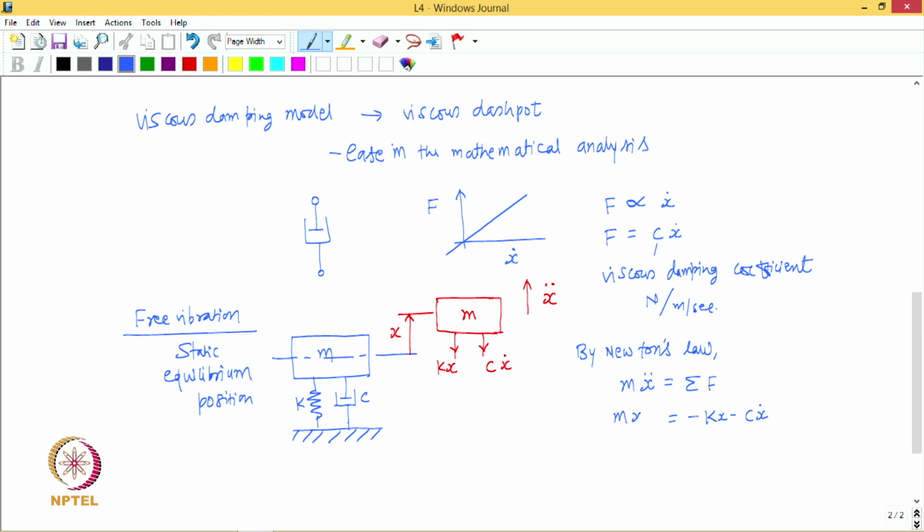So, mx double dot is equal to minus kx minus cx dot, right, and then we have mx double dot plus cx dot plus kx is equal to 0. So, that is nothing but the equation of motion, right.